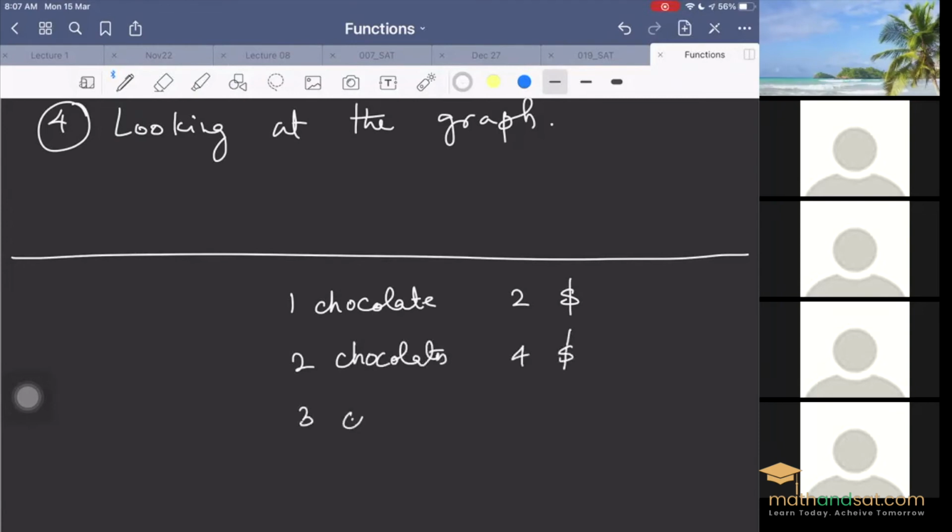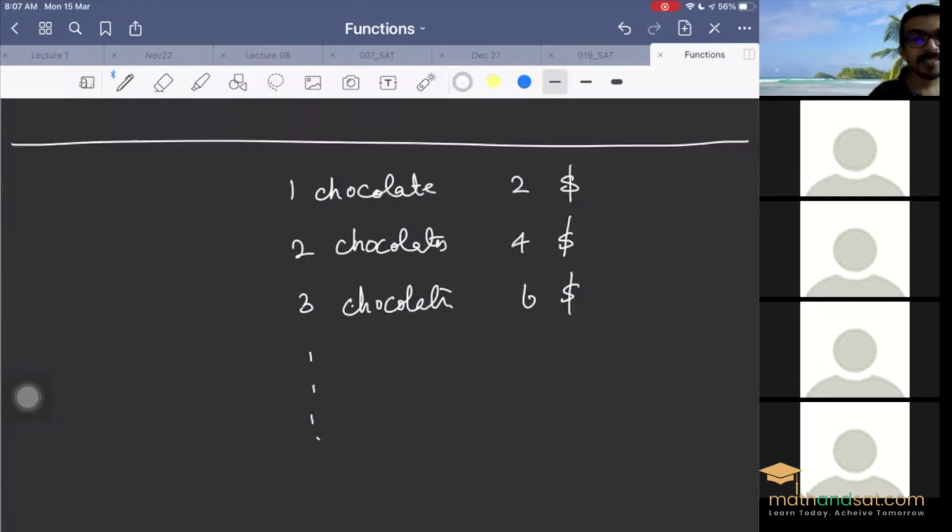Similarly, 3 chocolates for $6. And this represents a relationship. If you want x number of chocolates, the money that you need to spend will be 2 times x. y is equal to 2 times x.